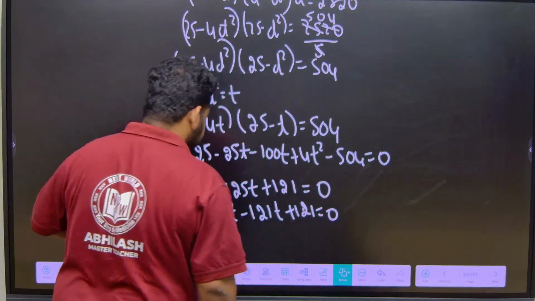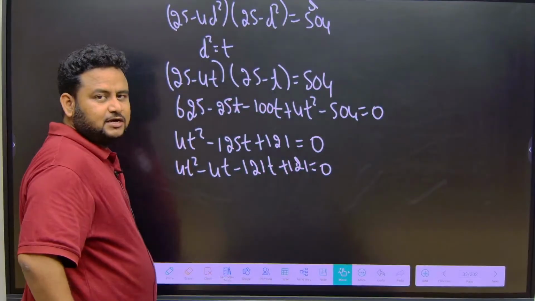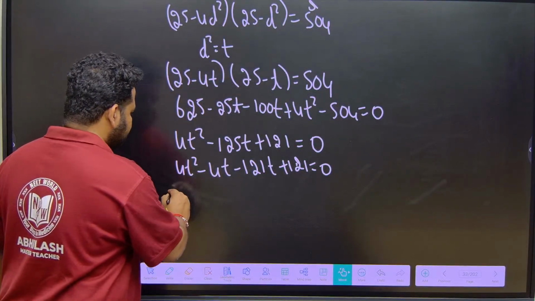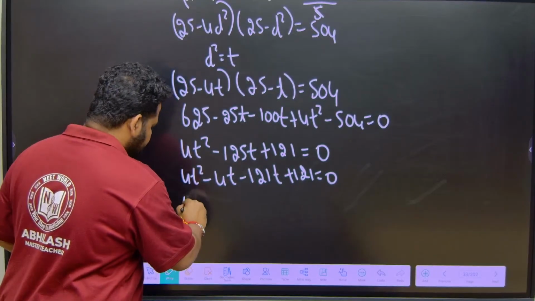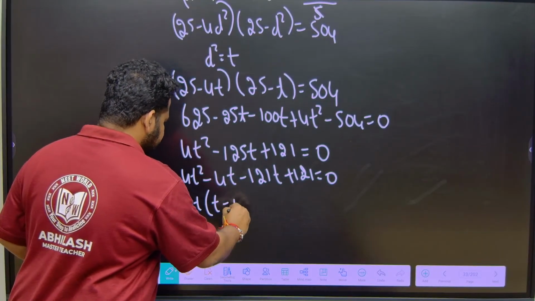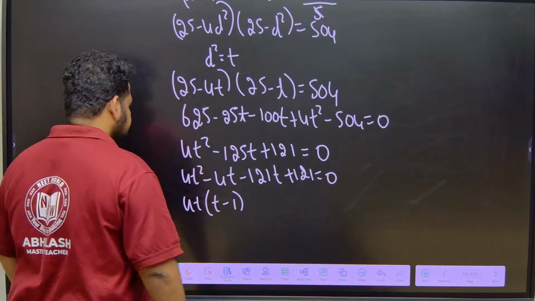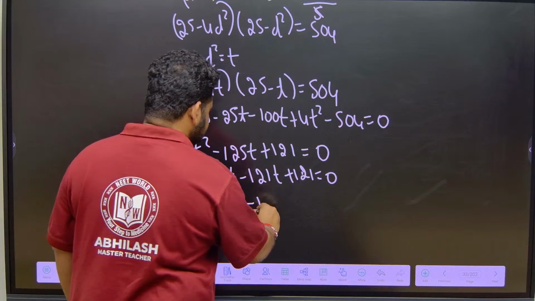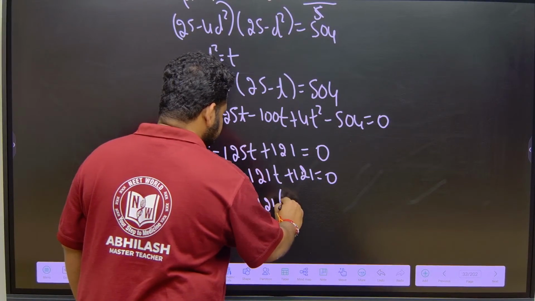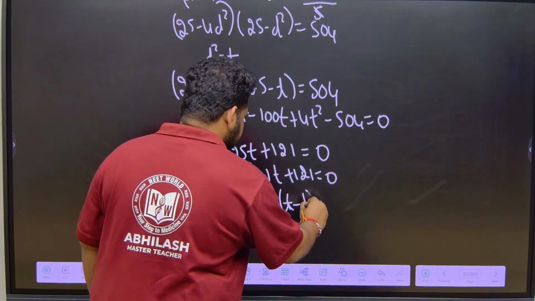Now this is just solving the quadratic equation by splitting the middle term. So I can take 4t common: 4t into t minus 1, minus 121, I can take 121 common, that will become t minus 1. This is equal to 0.